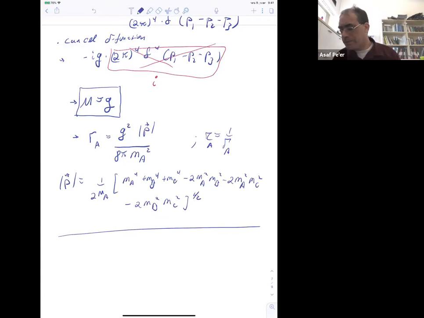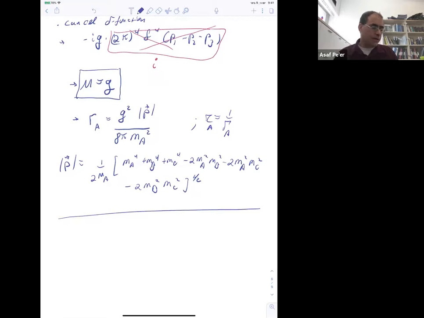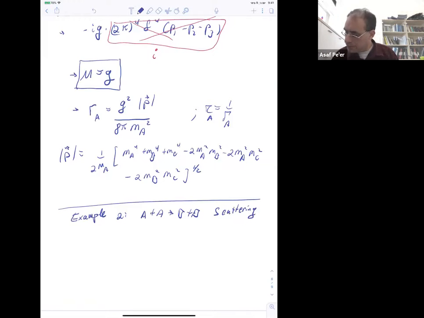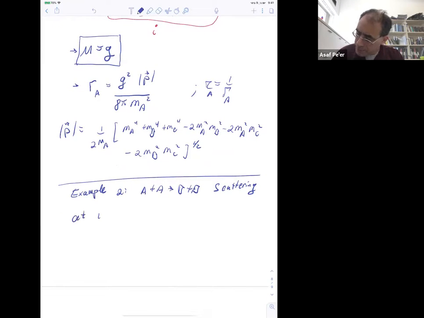Let's take another example. Let's take a scattering example, right? So example number 2. It's A plus A goes to B plus B, right? This is a scattering. Annihilation, anything. So again, if we look at the center of mass, what do we have?